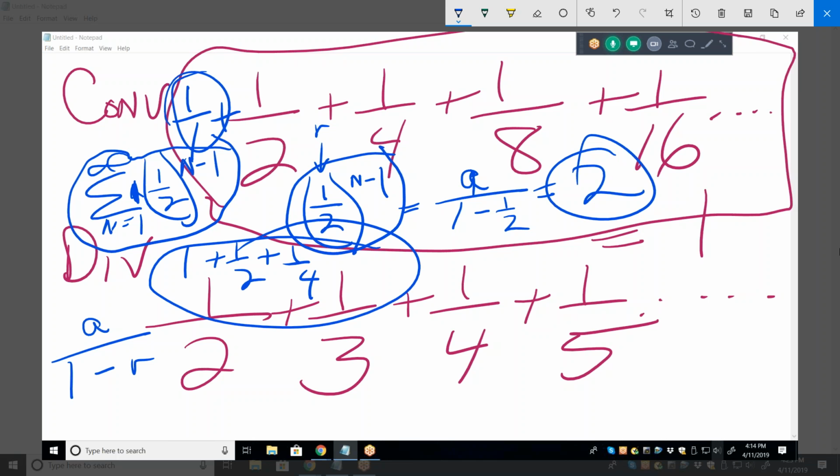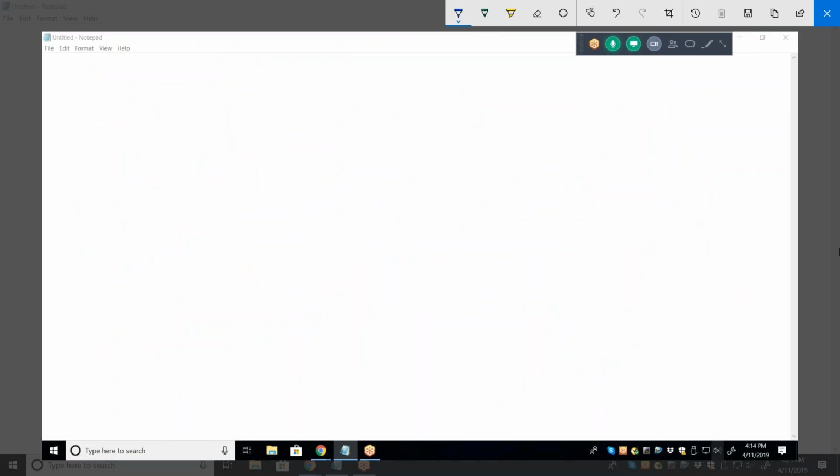It still astounded me that this was convergent and this was not. The bottom one that I've written in red does not converge, 1/2 plus 1/3. Even though the number keeps getting smaller every time, there is one way to look at it so that you can understand why that does not converge.